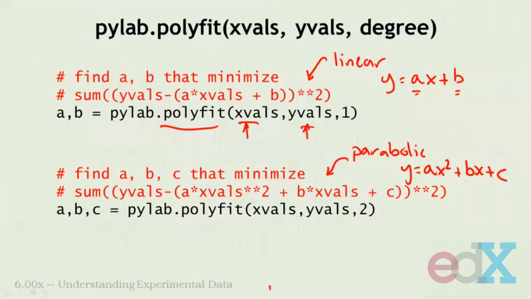Given again the forces that we've applied and the observations we made of the extensions, we could get a second order fit. And in fact, if we set this parameter to 3, we would be fitting a cubic equation, and so forth and so on. So our next step is to actually use these routines and try to find those parameters given the observations that we made.